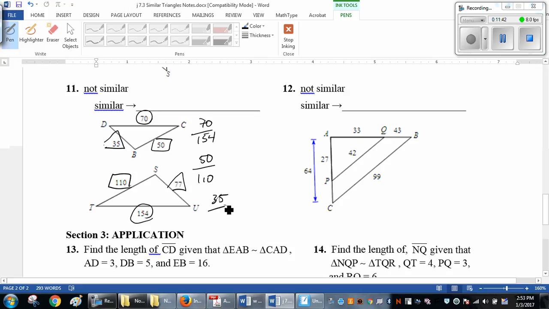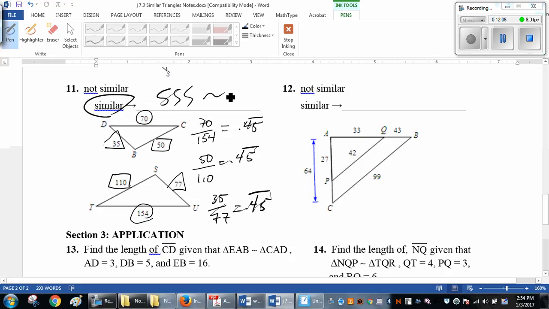And again, we're checking to see if these all have the same ratio. Now, if you put this on your calculator, because these ones aren't as easy to simplify, I get 0.45 repeating, 0.45 repeating, 0.45 repeating. So these are similar, and that's the example of our side similarity.